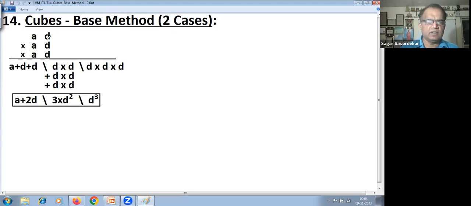Okay. So this is what we had written, the general formula for multiplying three numbers, the base method of multiplying three numbers.